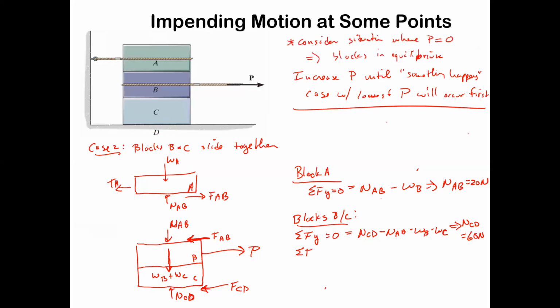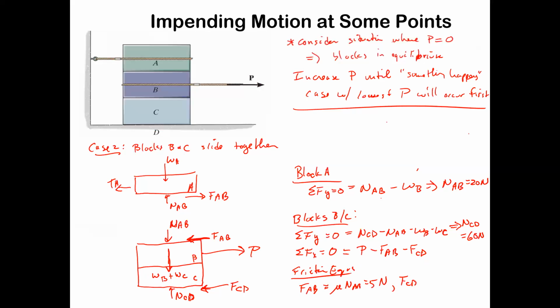And again, the sum of the FX's, it's the same setup as last time, just different variables. So just P minus FAB, well, that's the same. But now we've got minus FCD. And FCD, with the friction equations that we did last time, is, again, we're at impending motion, so FAB equals mu NAB equals 5 newtons.